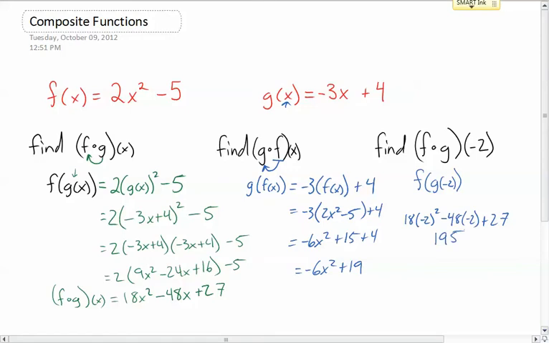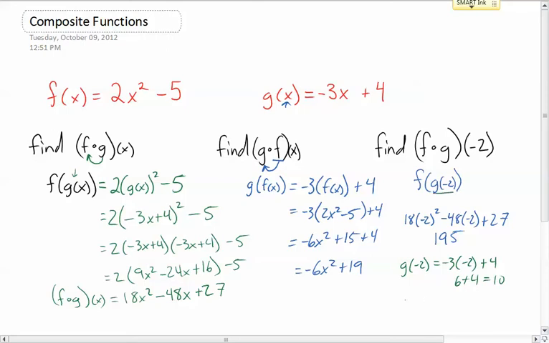Now, the other way to do it, of course, would have been to put the -2 into the g. So say g of -2 equals -3 times -2 plus 4, which is 6 plus 4, which is 10. Then take that and plug it into the f of x, because it's f of g of -2.